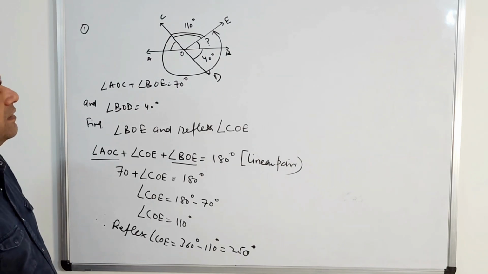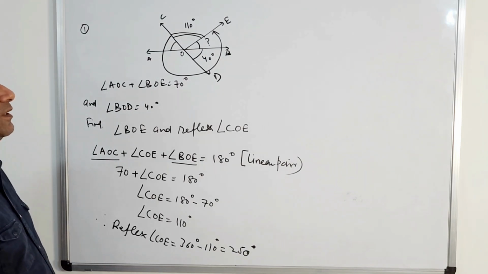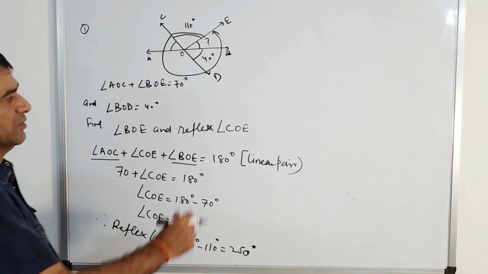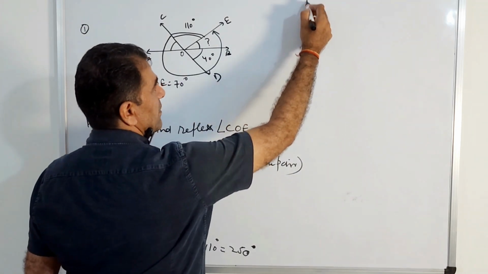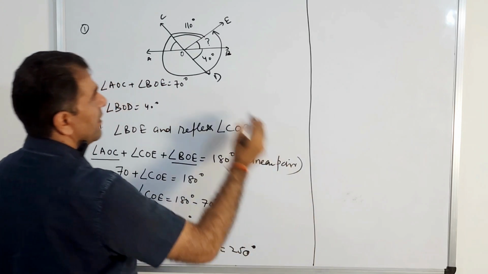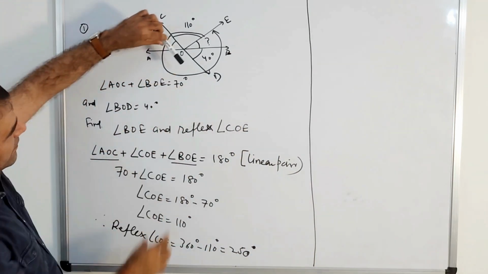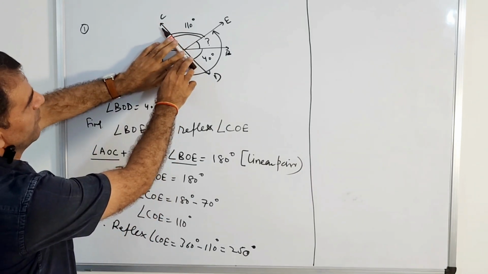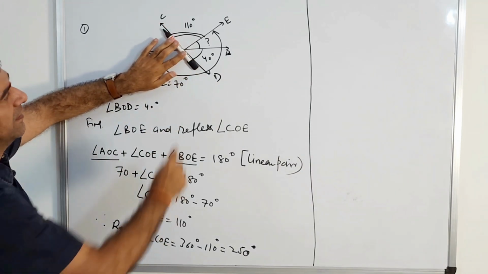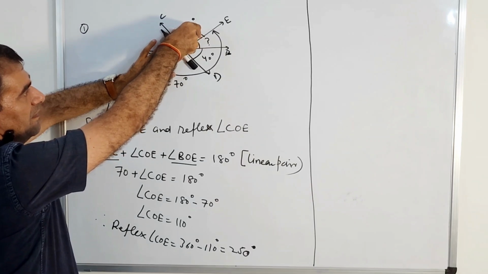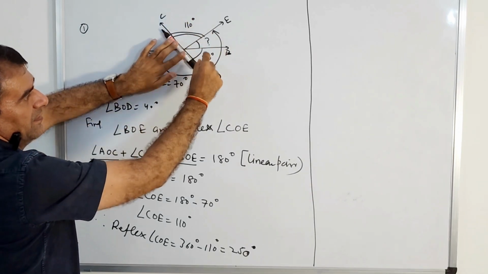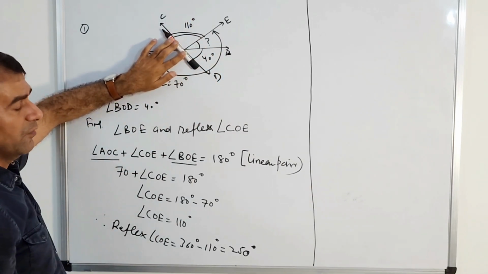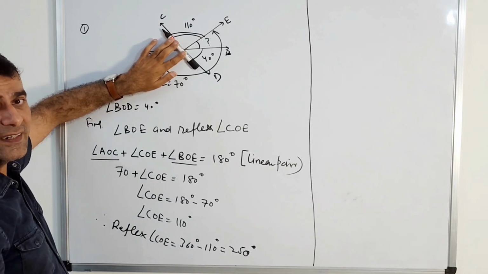Now we will find angle BOE. So just look at the diagram once again. If I put this pen like this, there are three angles. This plus this, and it will be equal to 180 degrees.